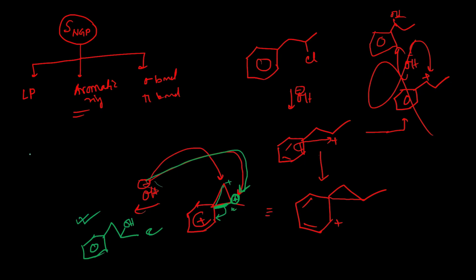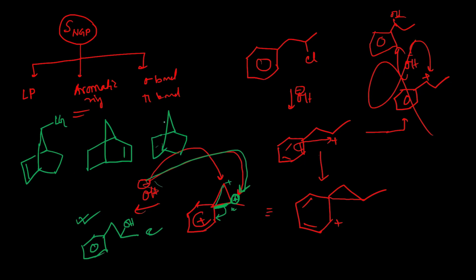This NGP occurs in many ways. For example, for a pi bond, I'm showing you. This is our substrate, and this is the leaving group. One is this, and another one is like this.